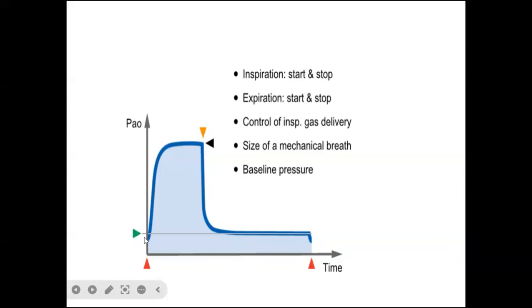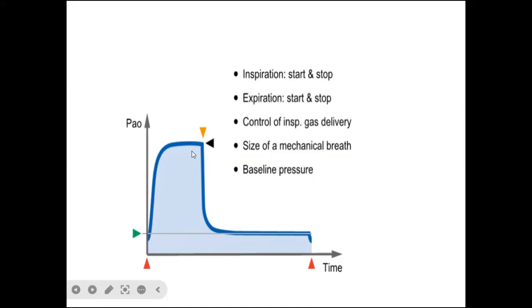The first thing we need is to tell the ventilator to start inspiration. The second thing is you need to tell the ventilator to stop inspiration at a certain point and go to expiration. So this is the starting point of inspiration.